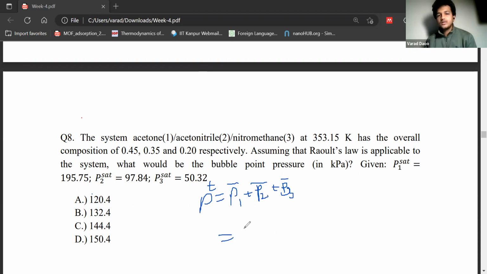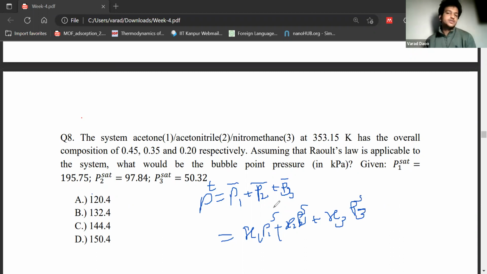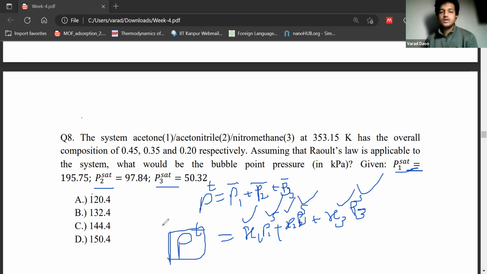Which is what? x1 P1S plus x2 P2S plus x3 P3S. Right? Where S stands for saturation pressure. So P1S, P2S, P3S have been given, so this is known, this is known, this is known. Composition has also been given. So you just substitute the values, and you will get the total pressure.